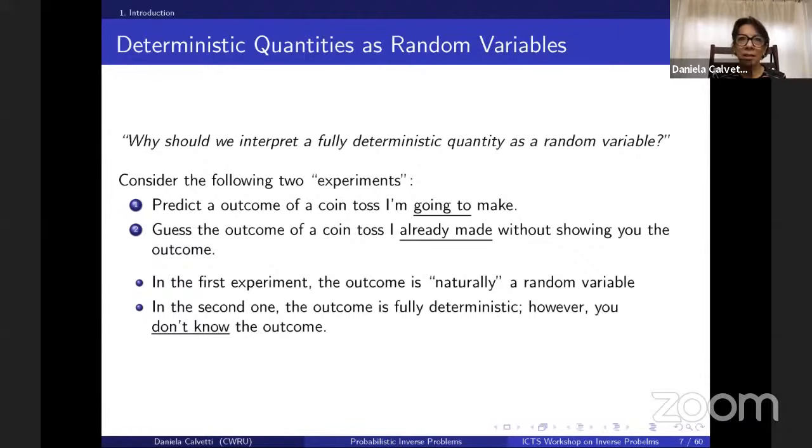So the event is totally deterministic, but as far as I'm concerned, it still remains undecided because I do not know the outcome. So in both cases, it's justified that I use a probabilistic approach. If I take this point of view that probability is in the eyes of the subject, not in the being of the object. If there are any questions, please feel free to interrupt me.